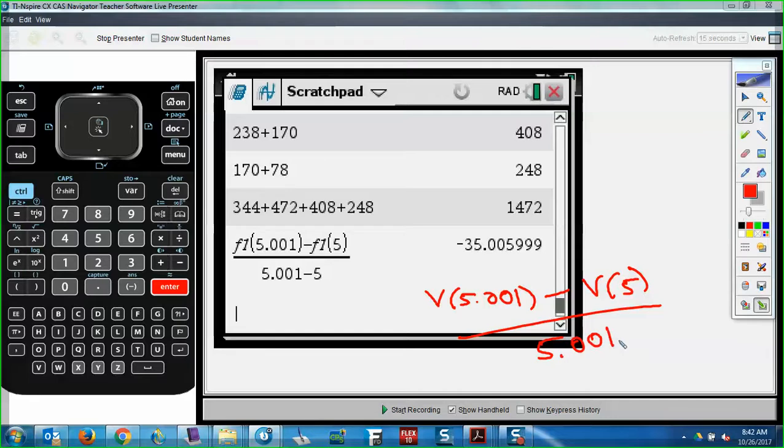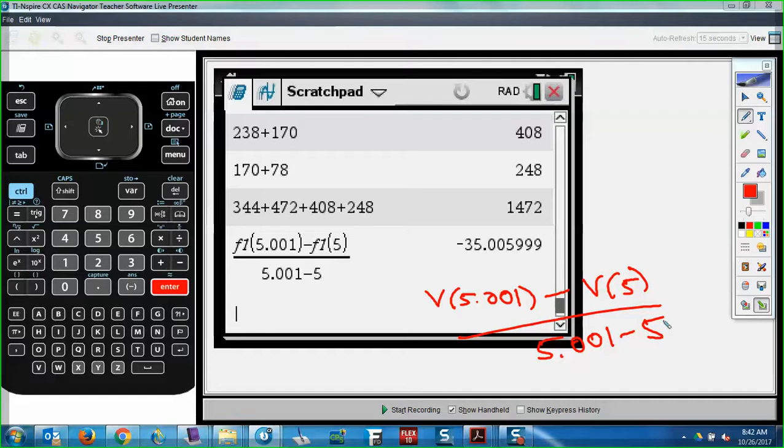Yeah, we don't have to actually give the point. We can just write V of 5.01 minus V of 5. Now, if you want to, again, trace, get that actual y value, and then write it out over here, that's fine. You always have to have your final answer to 3 decimal places, but you don't have to write out all the digits when you write your calculation on your paper. If you want to round and be short there, I don't care.